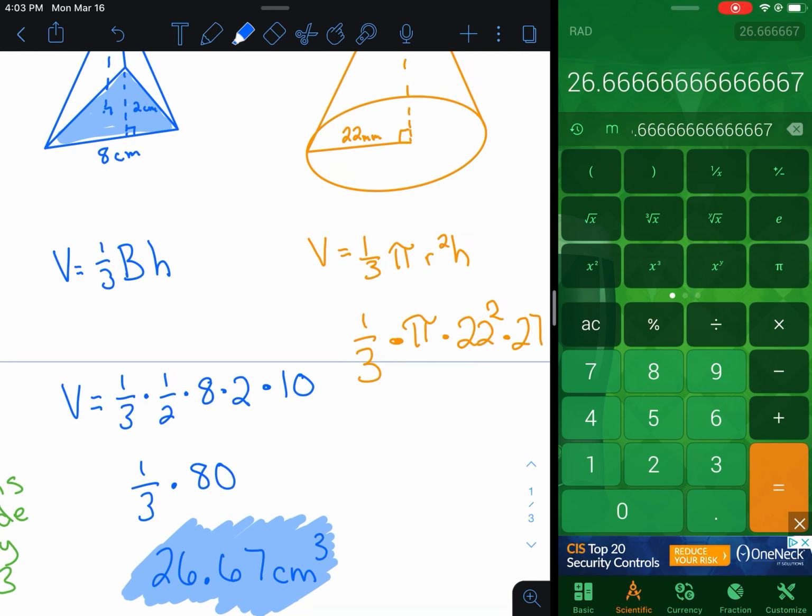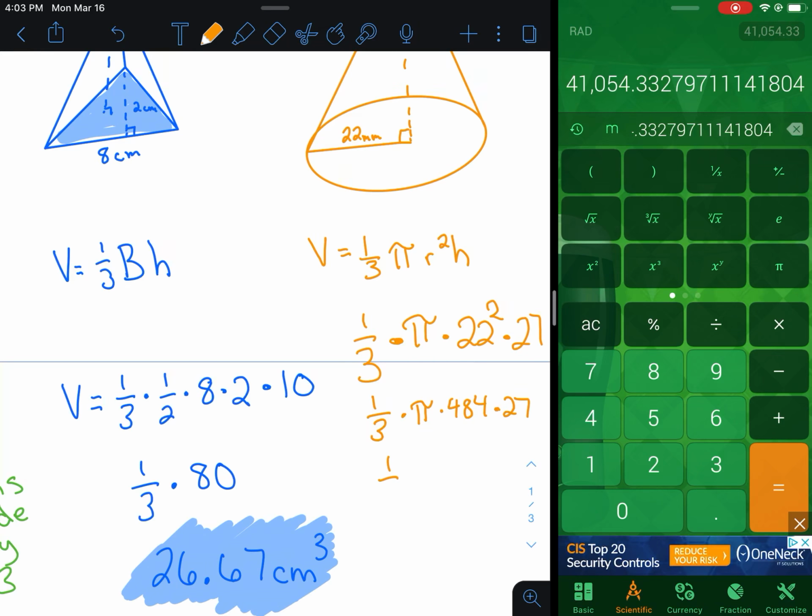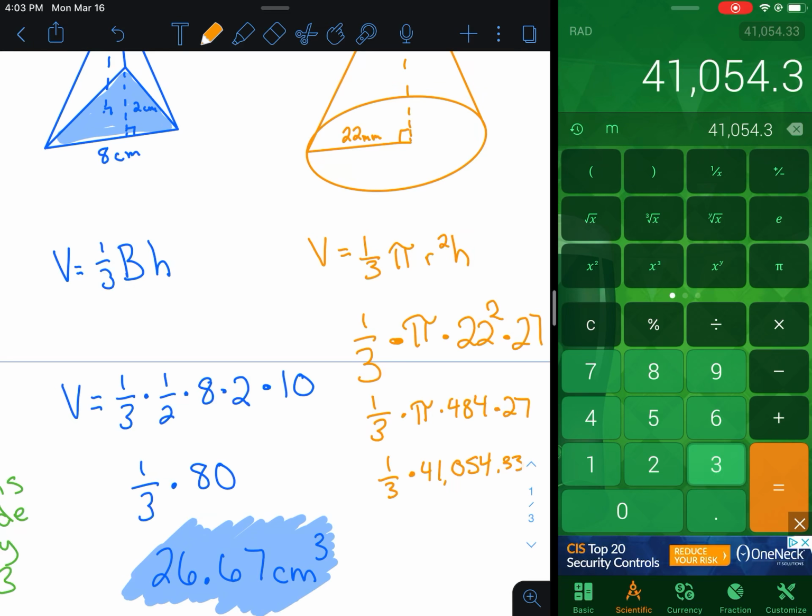Now I'm going to zoom in here so I have a little more space to write. 1/3 times pi, and then I'm going to do 22 squared, and that gives me 484 times 27. So multiply by 27 and then multiply by pi. This ends up giving me 41,054.33, again rounding to the nearest hundredth.